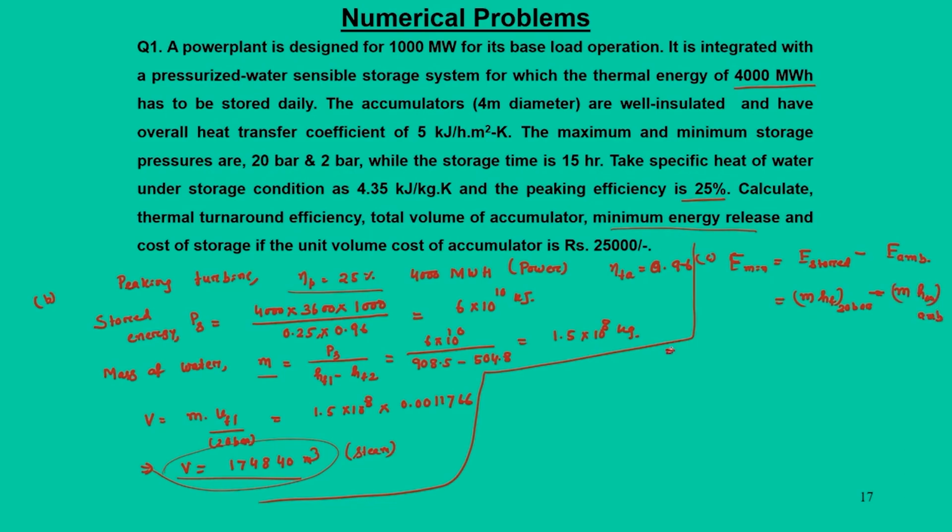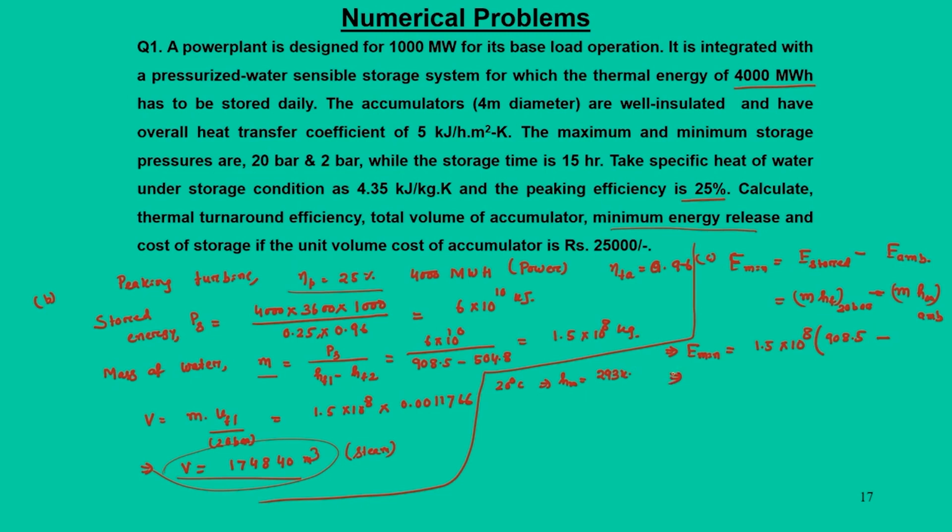So, the minimum energy release would be 1.5 into 10 to the power 8, that is mass, times enthalpy at 20 bar, that is 908.5, minus at 20 degree centigrade, your free stream enthalpy, we can note down as 293 Kelvin.